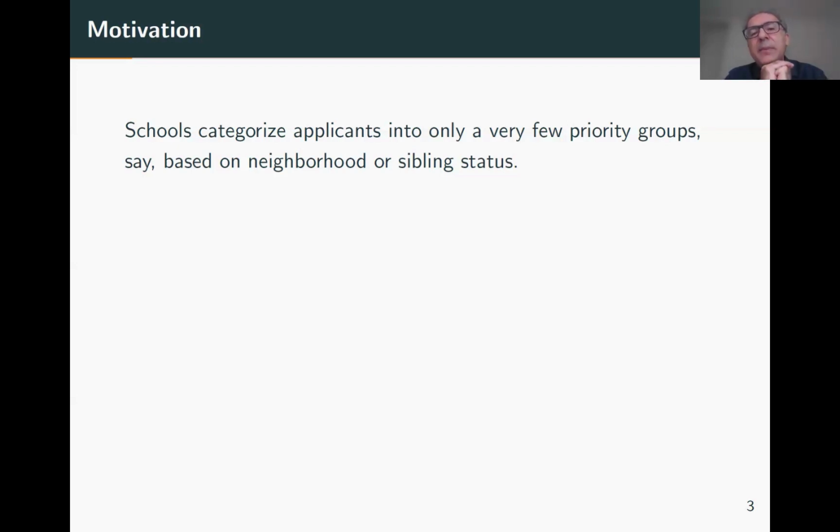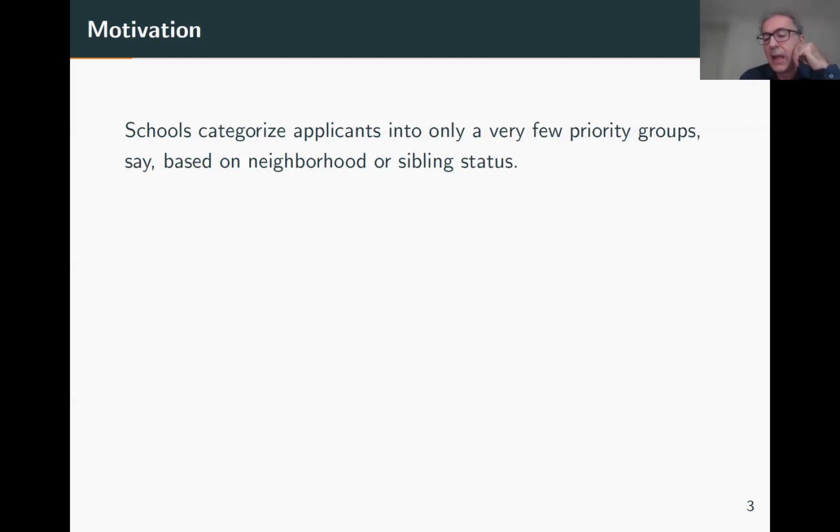If you have a sibling attending a school and if you live within the neighborhood of that school, you usually used to get a very high priority in the past. Now things have changed a bit. If you only have a sibling, you would get the next highest priority. If you are living in the neighborhood, you would get the next highest priority, and all others would be ranked below those students.